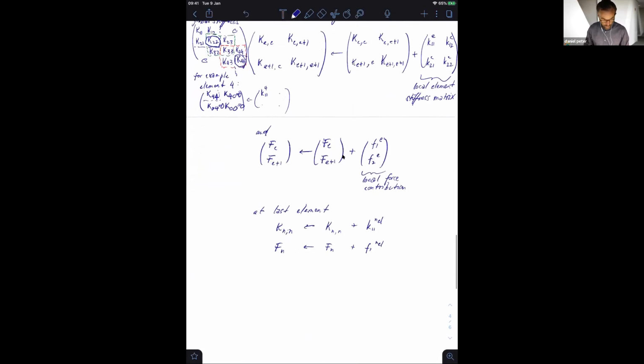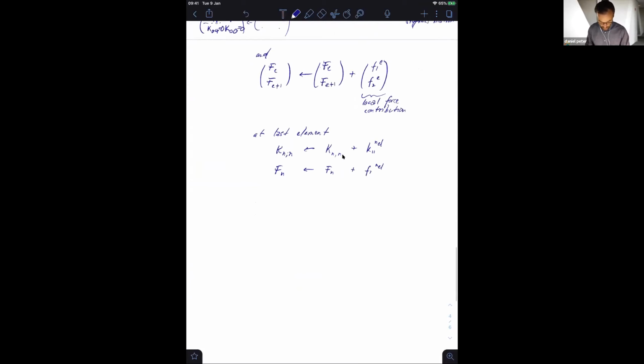So let's make a quick example here to further make sure that we understand this. Let's say with two elements. So n is 2.